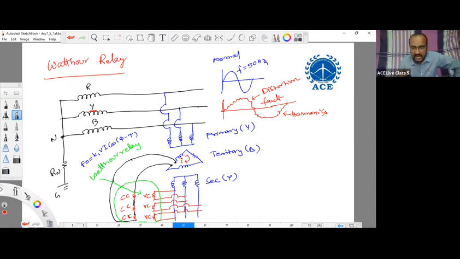As you know, the delta circuit offers a closed path for harmonic currents. Those harmonic currents will be circulated in the tertiary winding, so the current coils will be excited, and the voltage coils are always excited, so the relay will operate. This is how the watt hour relay can be used for sensing interturn faults.